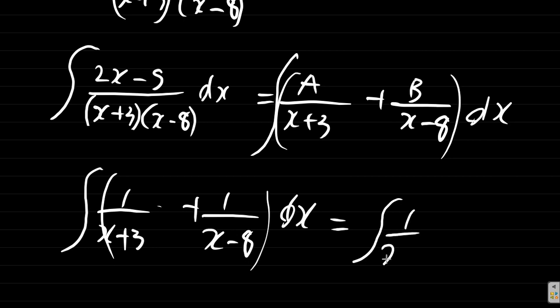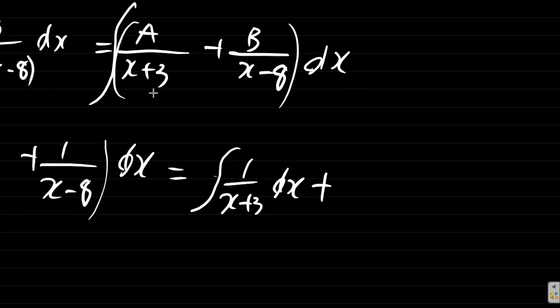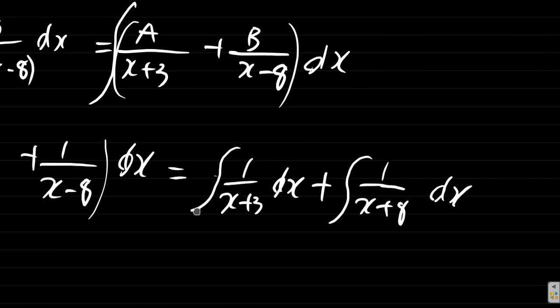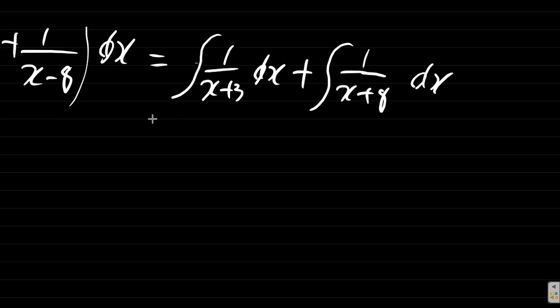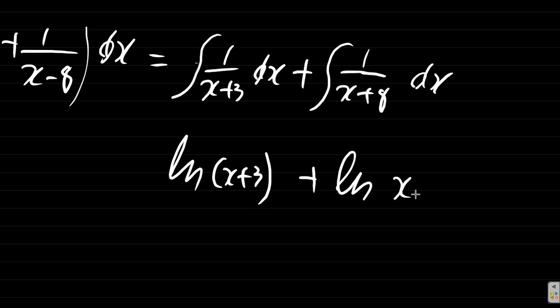Integral of 1 over x plus 3 dx plus the integral of 1 over x minus 8 dx. See that? What does that give you now? This is ln x plus 3 plus ln x minus 8 plus c.